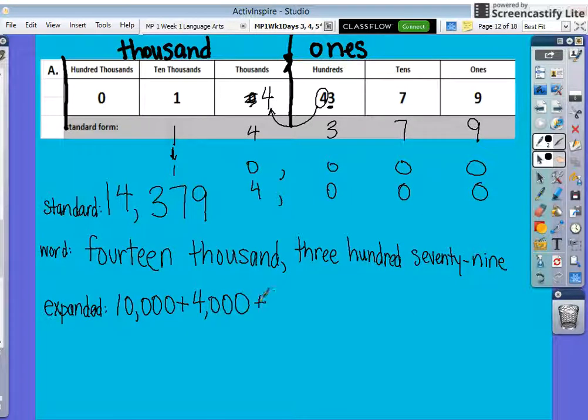Then I'm going to take the value of my 3 in the hundreds place, and I know that is 300. And then I'm going to take the value of my tens place, which is 70. And then I'm going to take the value of my ones, which is 9. And that's how you write the standard, word, and expanded form for this number, 14,379.